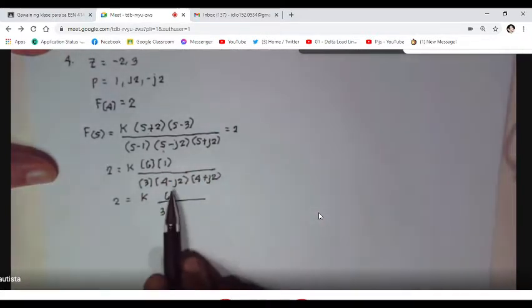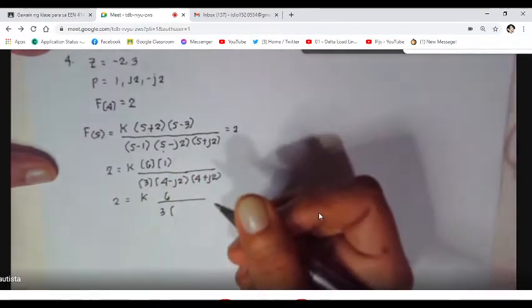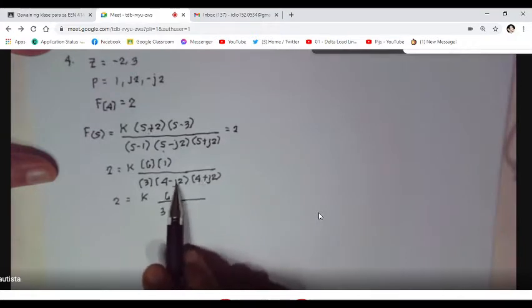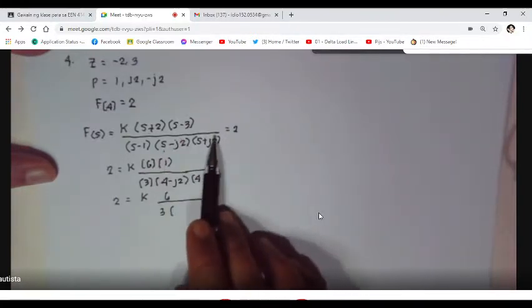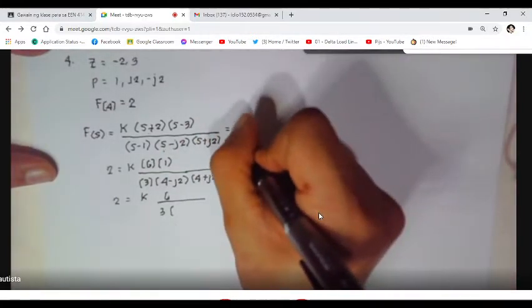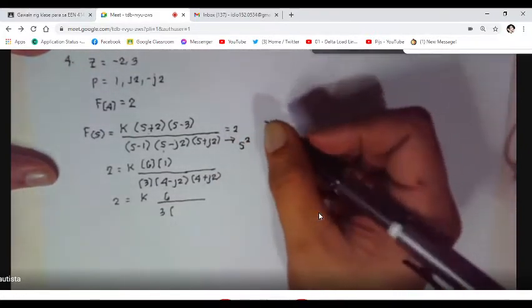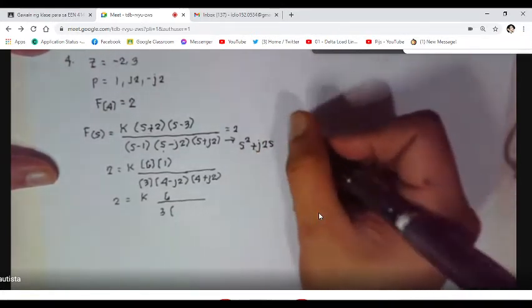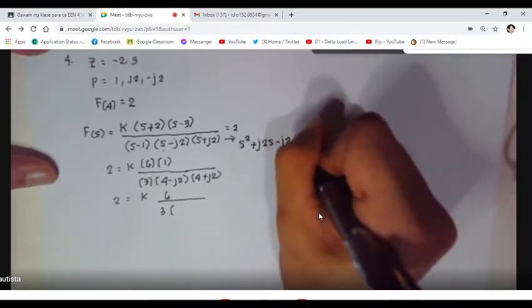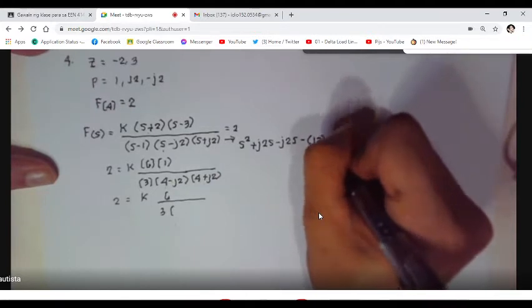It is easier if we simplify this right away. So we have s squared plus j2s minus j2s minus j2 squared.